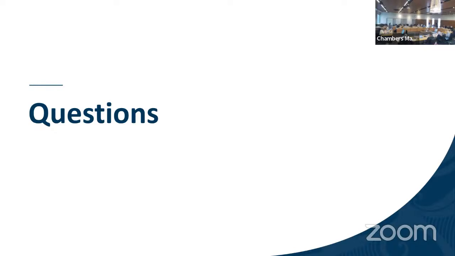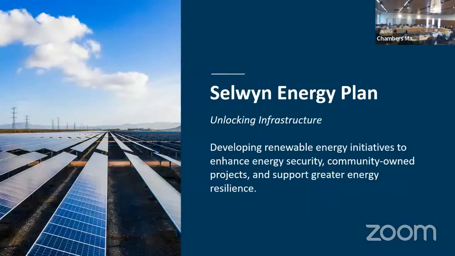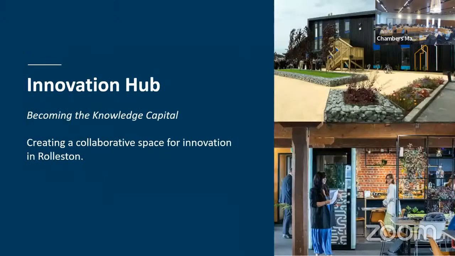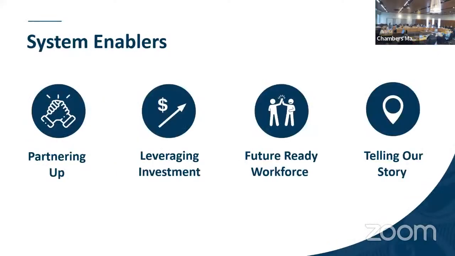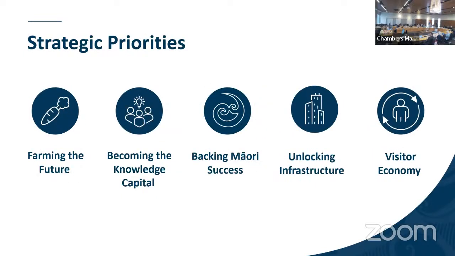Thank you, Megan. Yeah, Kelda, could you take us back to the slide that has the 4 main strategic direction statements? Yeah, strategic priorities. So farming, innovation, Māori economy. What's infrastructure?